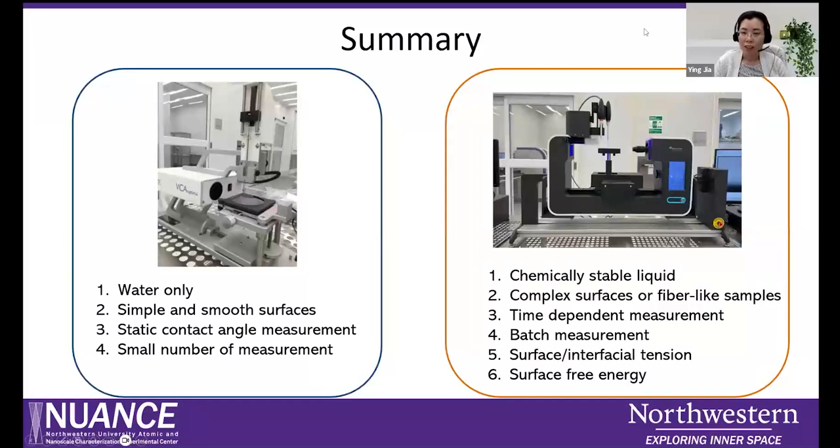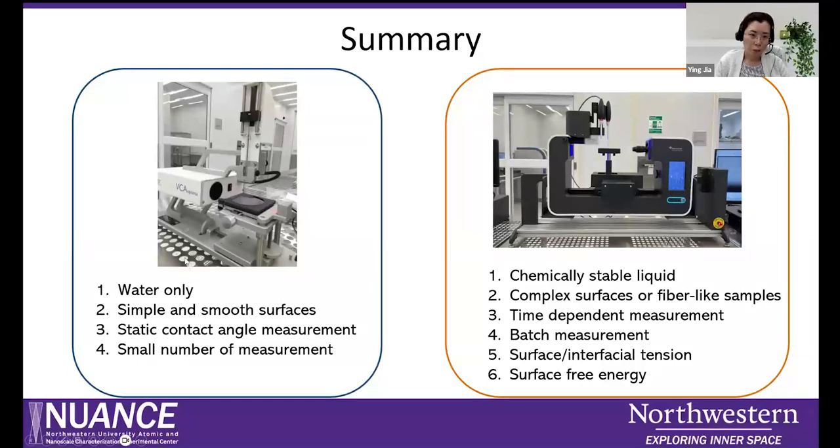All right, here comes the summary for today, and we just give a quick comparison of these two systems. When you are using them or applying for training, you can choose whichever one works best for you. We still keep the simple contact angle goniometer, but we want to limit the liquid to water only.